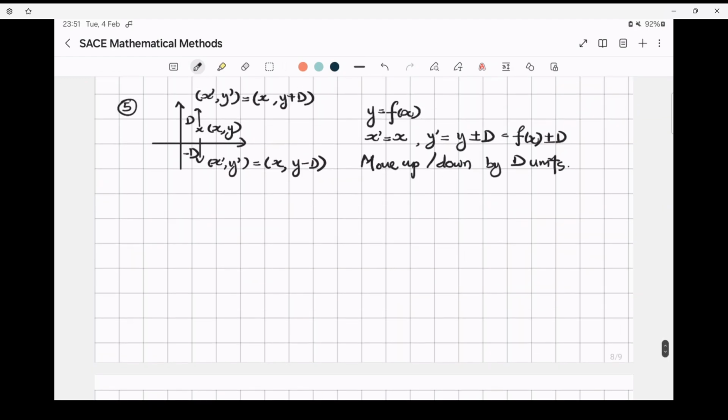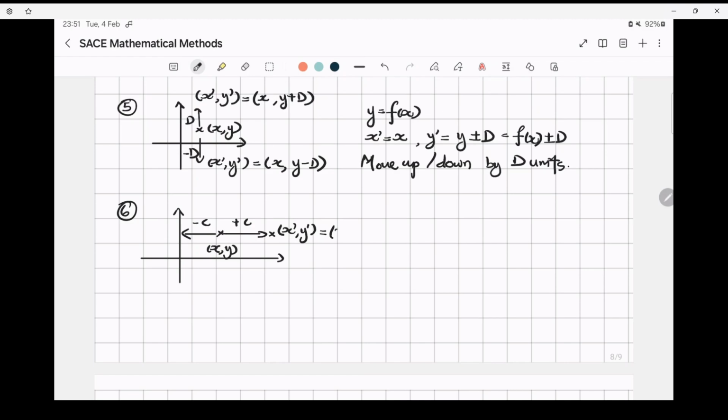Let's look at the translation of left and right. So if you have a point over here, x, y, and you either move to the left or to the right. So if you move to the right, it will be plus c unit. This will be minus c unit. So what will be this particular point, for example?